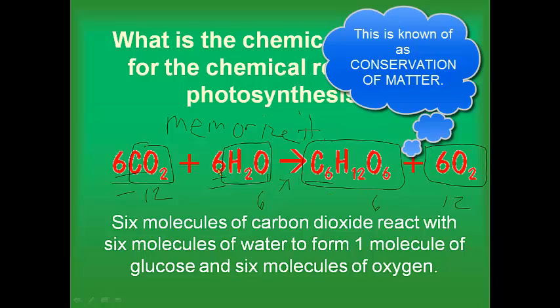Same thing for the hydrogen. This is 6 times 2, it's 12 hydrogen. And over here you'll notice you have 12 hydrogen. So basically everything that goes in comes out the other side, just in a different order. It's kind of mixed up.